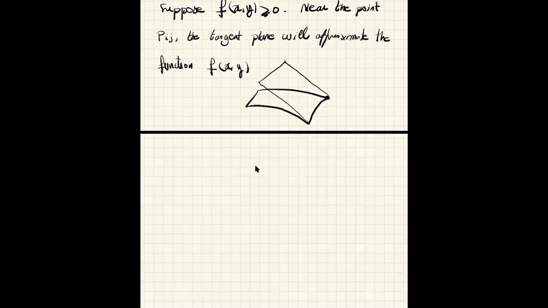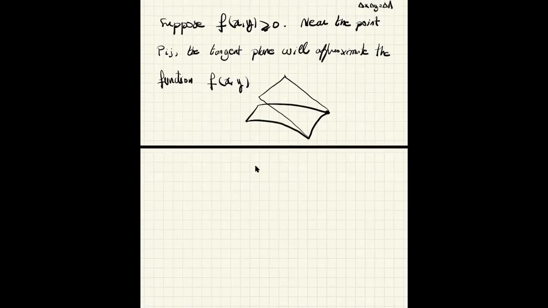So if you stay really around the point, this plane and the surface, they're gonna look the same, right? So instead of this, I'm gonna just change the diagram. If you are really, really close to the point, they're gonna look really the same, like this, something like that.